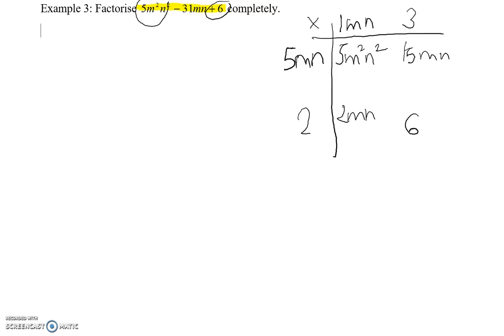Now, let us check if we add these two remaining terms, it needs to give us the same as the middle term of the original expression. So let's try to add these two middle terms.